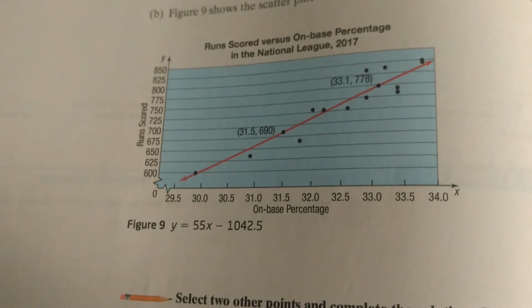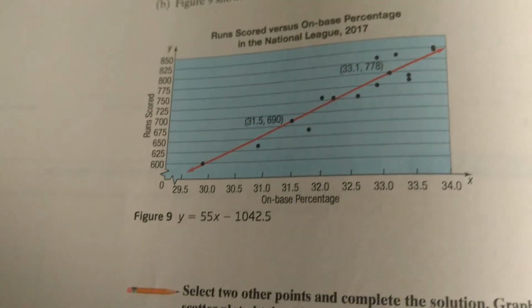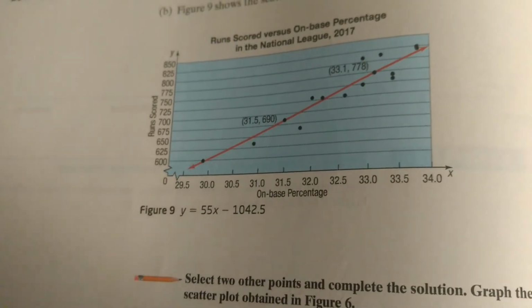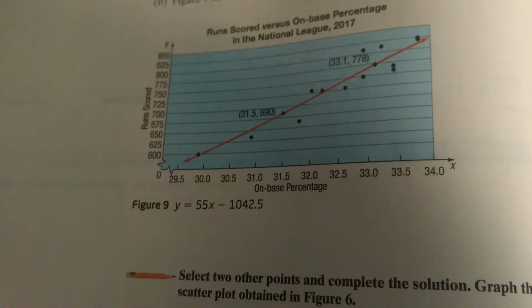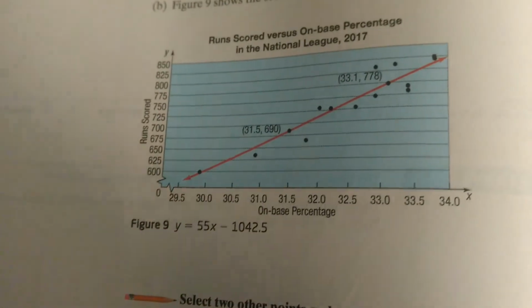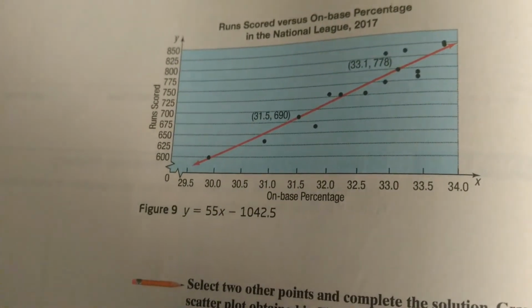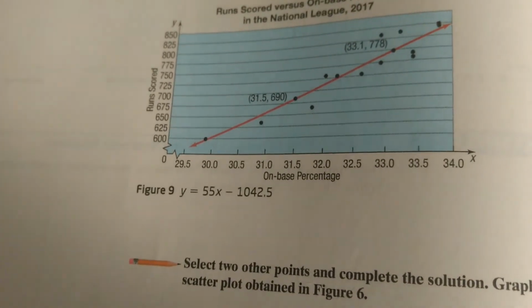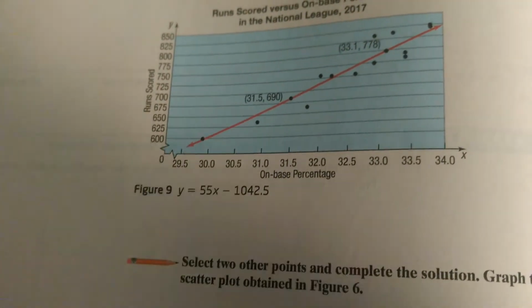The last thing I want to mention here is that if you do plot that line, y equals 55x minus 1042.5, you'll see that the line doesn't hit all the points, but it's called the best fit line because it is the line that has the shortest perpendicular distance between every point.